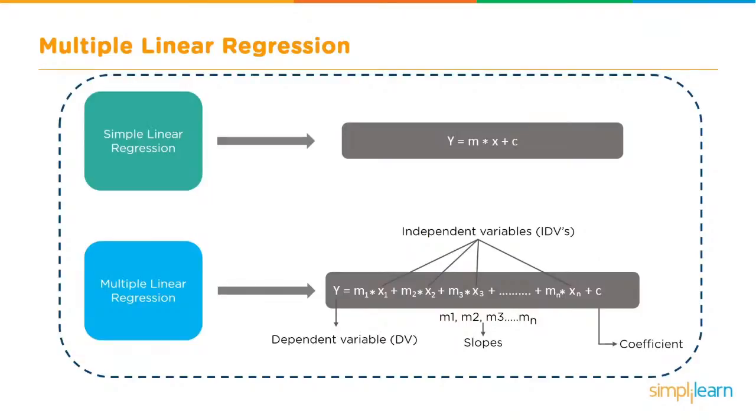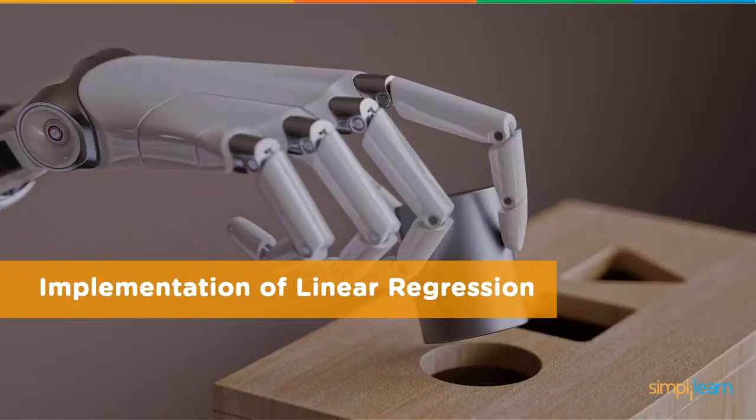As you can see here, we have m1, m2, m3, and we still just have the single coefficient. So when you're dealing with multiple linear regression, you basically take your single linear regression and spread it out. So you have y equals m1 times x1 plus m2 times x2, and so on all the way to mn times xn, and then you add your coefficient on there.